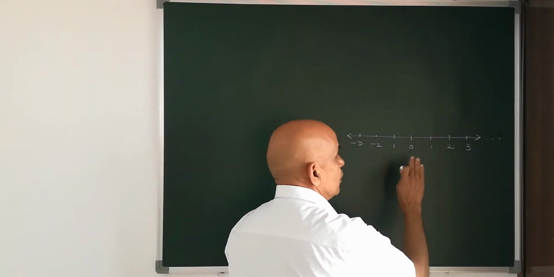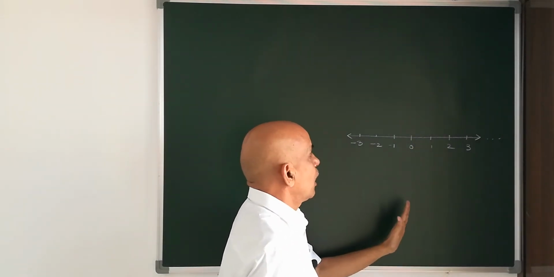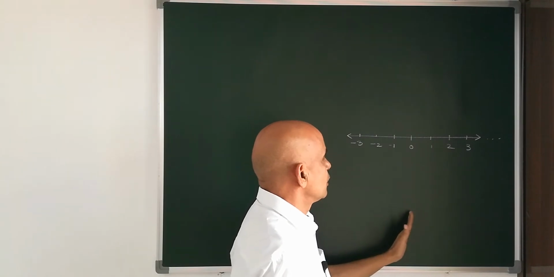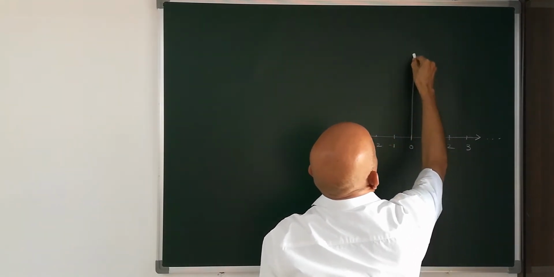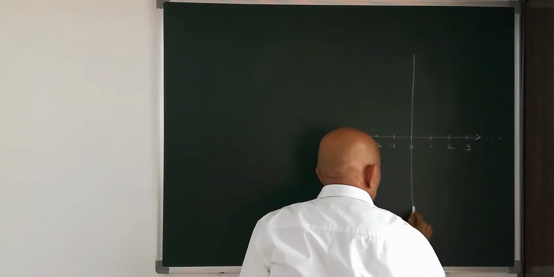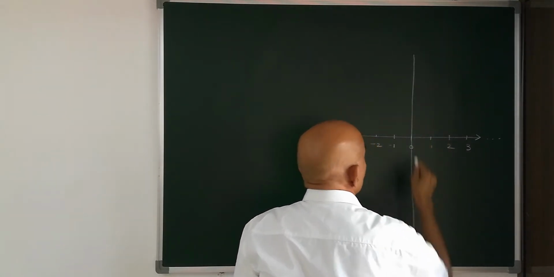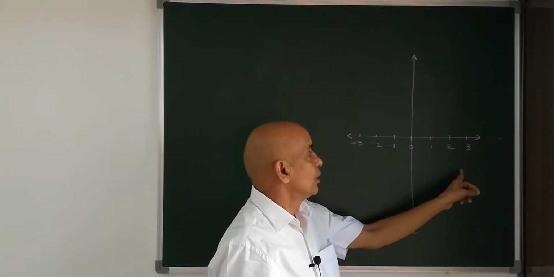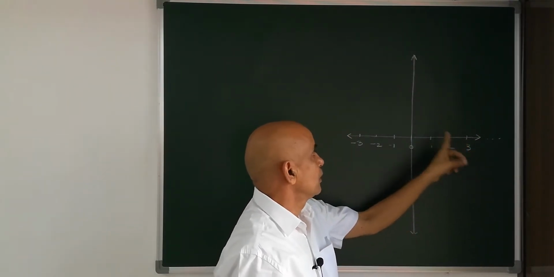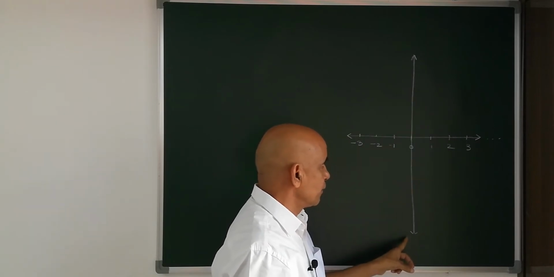Such a number line, if you take another number line and put it perpendicular to this, passing through 0, so two number lines we have taken. This is one number line and this is another number line.